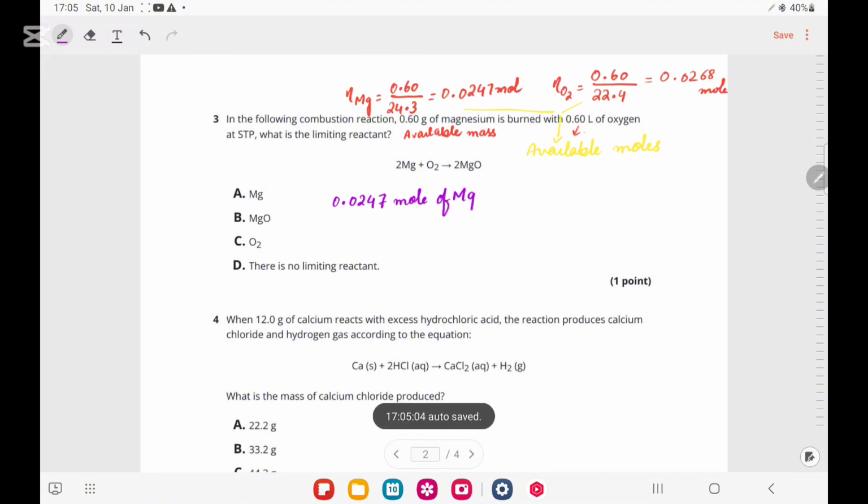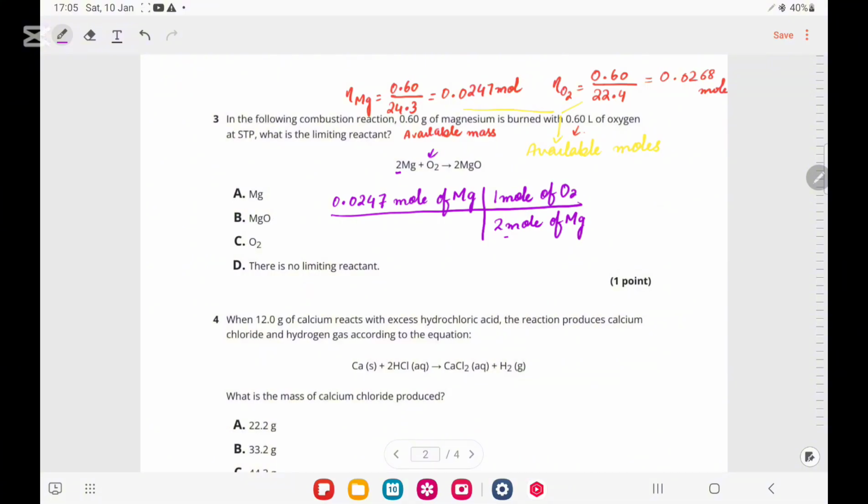I am going to use a table method. In this table method, you write the moles of magnesium from the equation. If we see the equation, it is 2 moles of magnesium which react with 1 mole of oxygen.